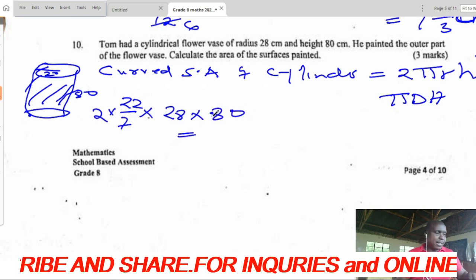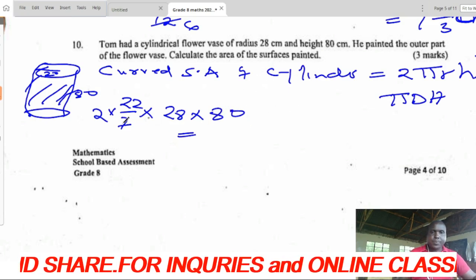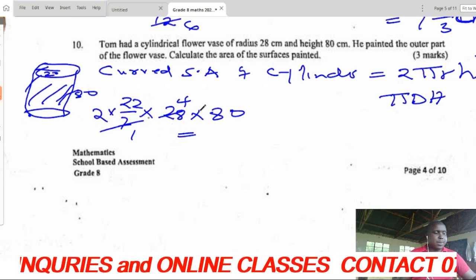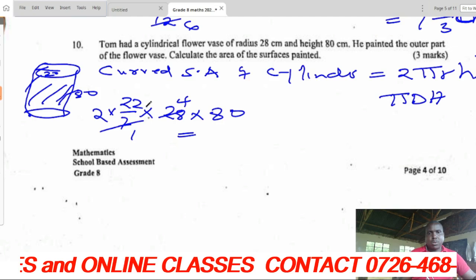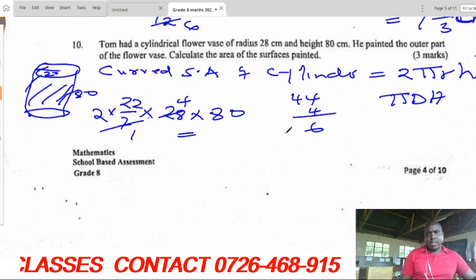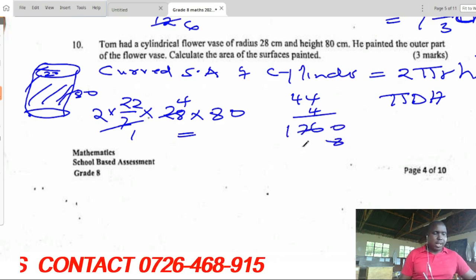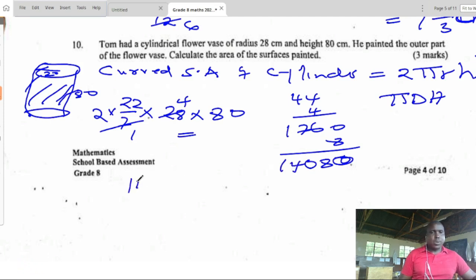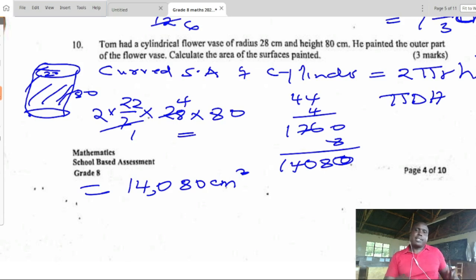Working that out, the answer is 14,080 centimeters squared. That is the surface area that was painted.